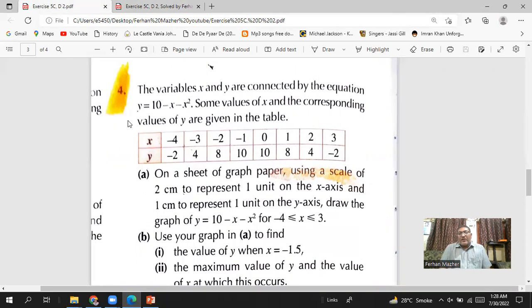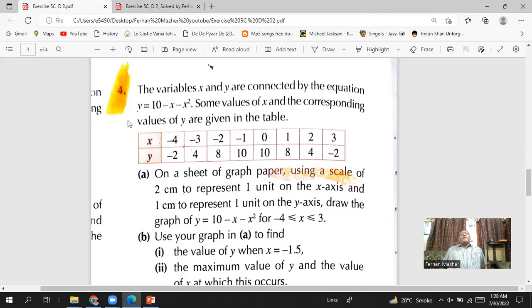Here the whole table has been completed already by the book. The x values are going from -4 up to +3. The minimum value of y is -2, and the maximum value of y, according to this table, goes up to 10.